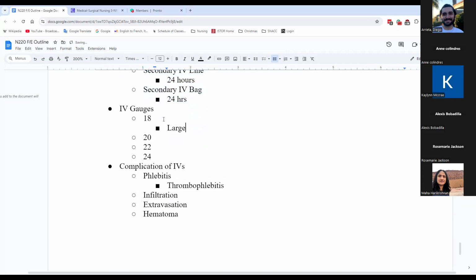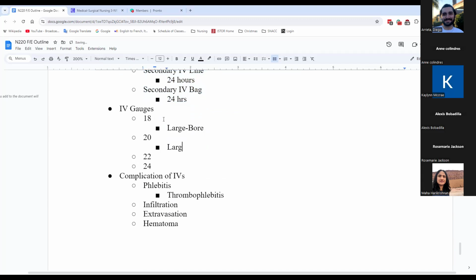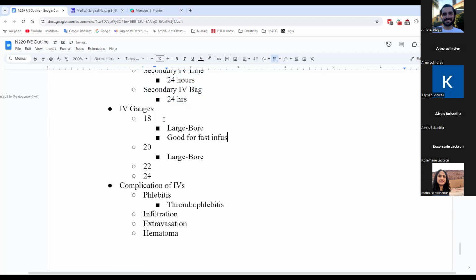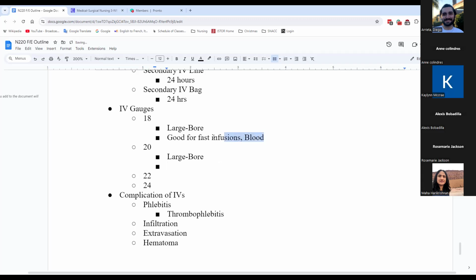And then this, I guess we'll just talk it over. This is called a large bore. Good for fast infusions, blood. If someone's veins are too fragile for an 18, you might give them a 20. But if someone needs potential blood transfusions, you'll want the 18 or the 20.